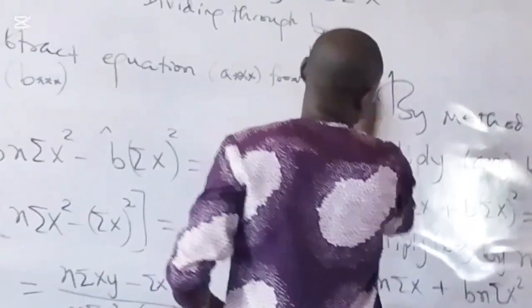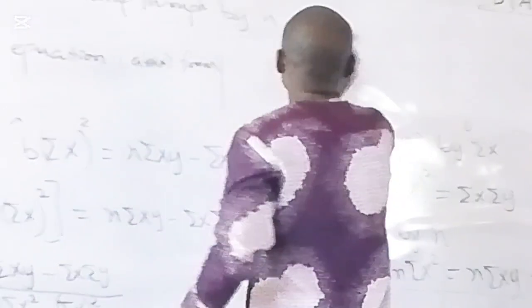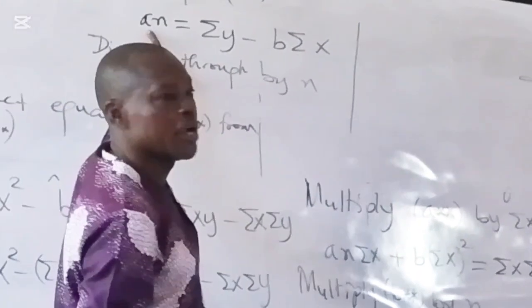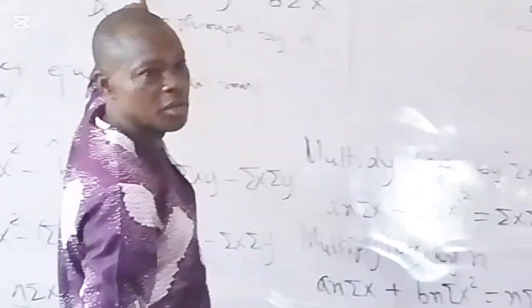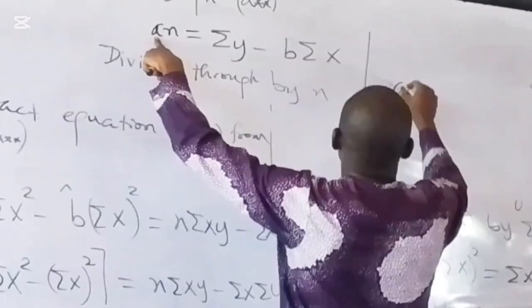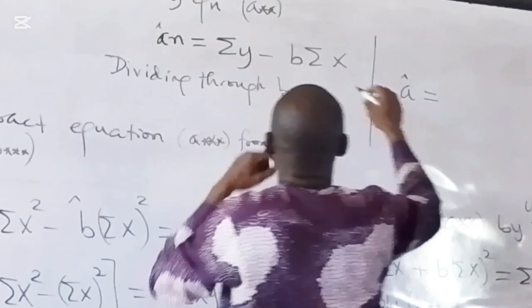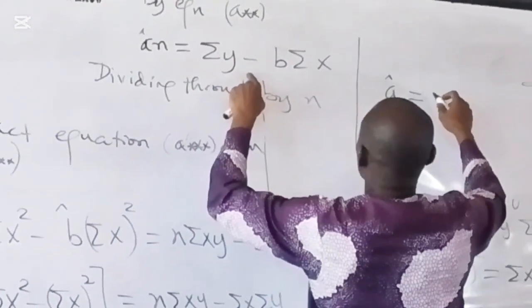If you divide through by n, a will stand alone, and remember it is now with a hat.